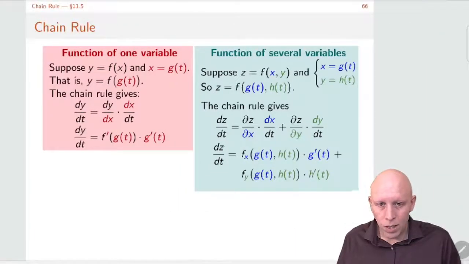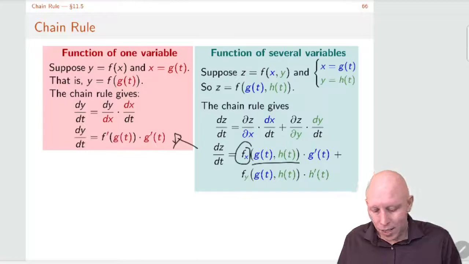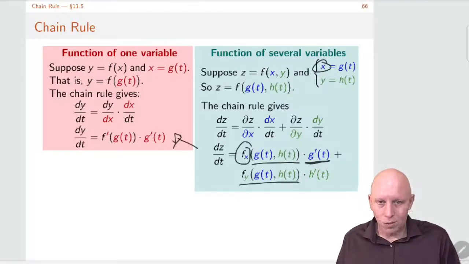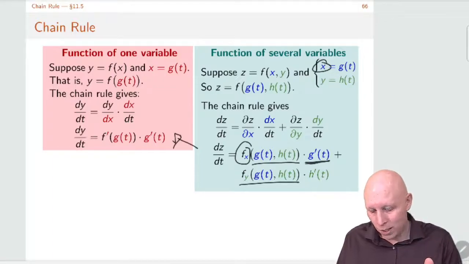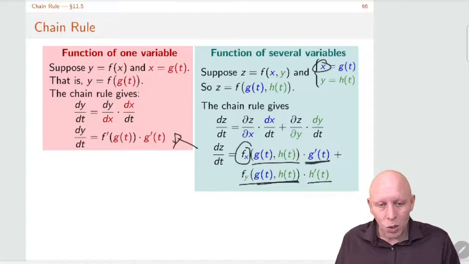So if we wanted to write that out in a similar way to what we had before, you take the partial with respect to x and you plug in your g and h, and you multiply by the derivative of x with respect to t. Then you add into that the partial of f with respect to y of g and h, and then you multiply by h prime.